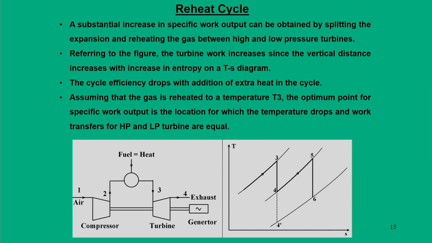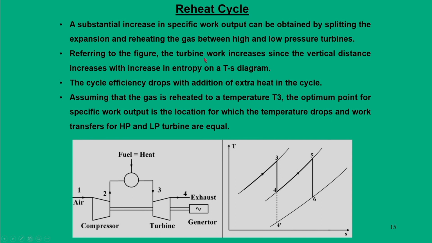So, this is another way of representing things, and a better inference we can draw is that a substantial increase in the specific work output can be obtained by splitting the expansion and reheating the gas between high and low pressure turbines.